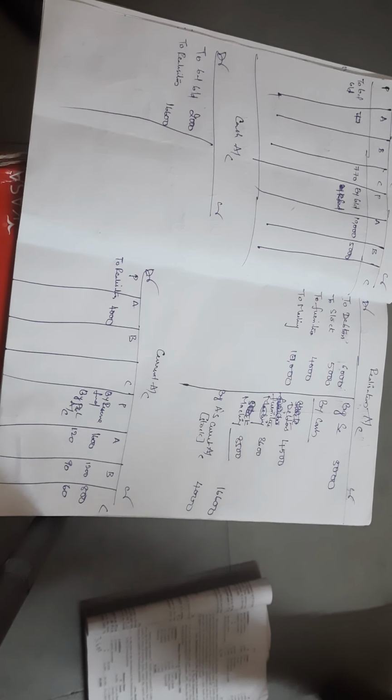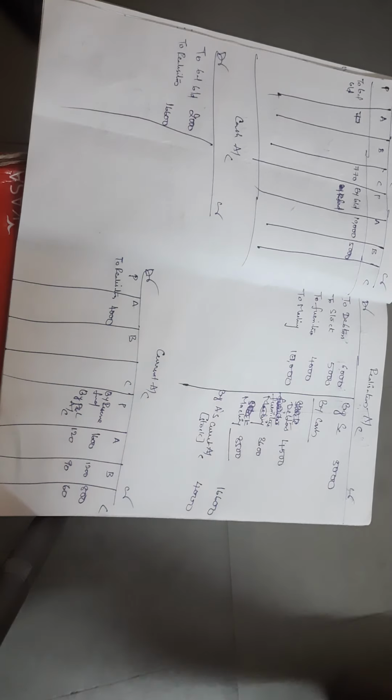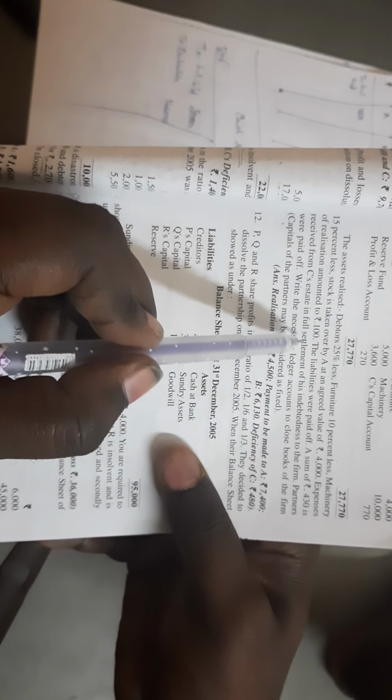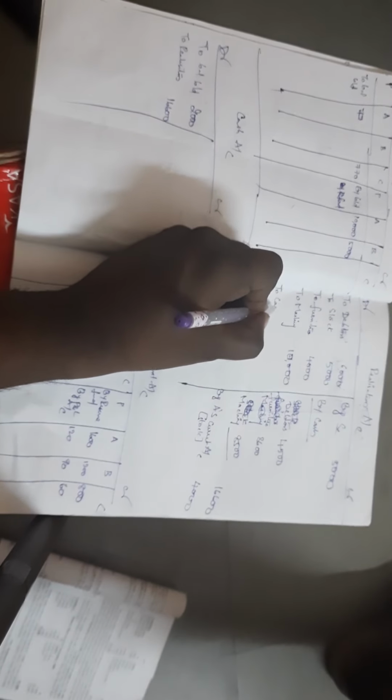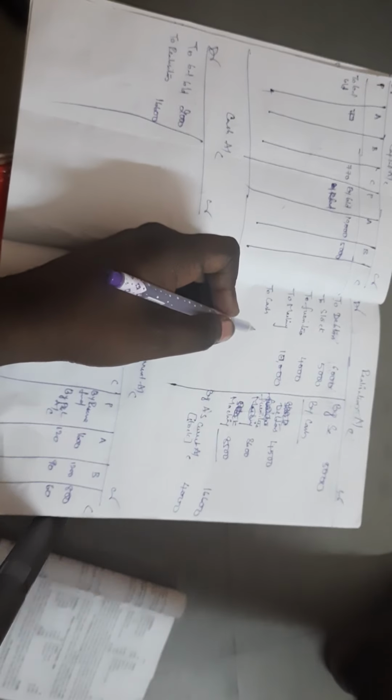Now we are done with all the assets. Come to liabilities, only two liabilities, sundry creditors and A's loan account. Regarding creditors, did he give any point? He gave one point that all the liabilities were paid off. That is creditors and loan account completely we paid. So for creditors, we write to cash or bank.